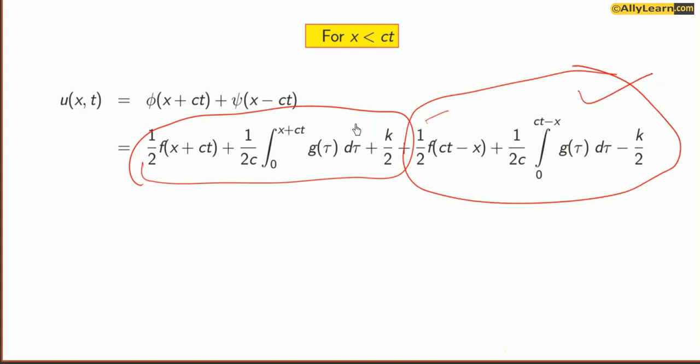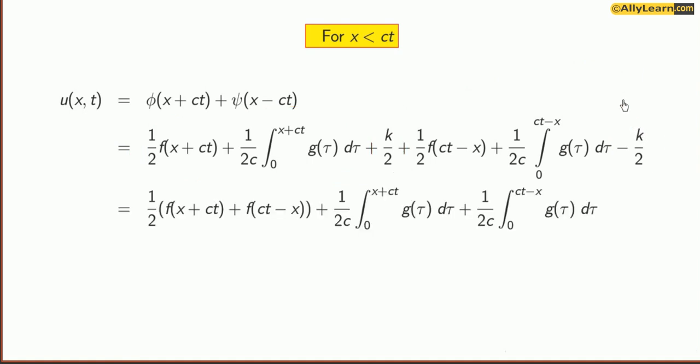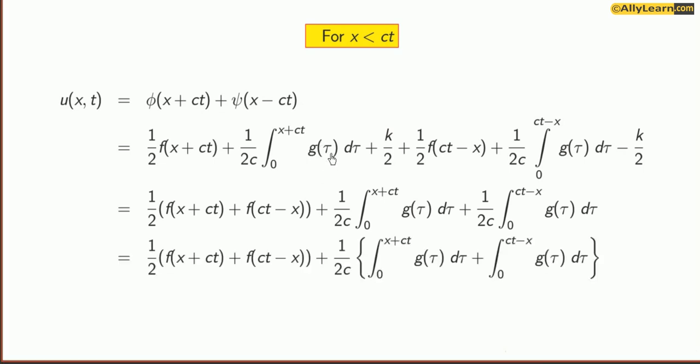Now next is to club these two terms. Now you can see that this k by 2 will get cancelled with this minus k by 2 over here. And upon doing that, we get this expression. Now we'll be just writing it in slightly standard form to get this expression. So u at x comma t equals this expression is the solution for the case x is less than ct.